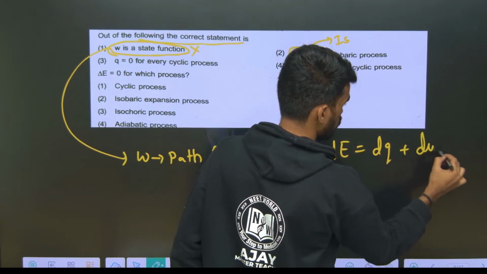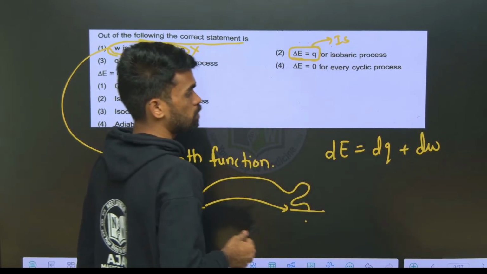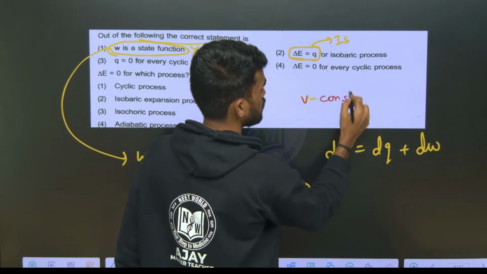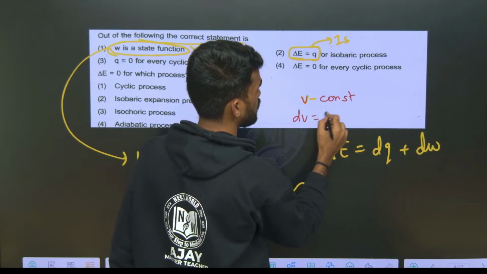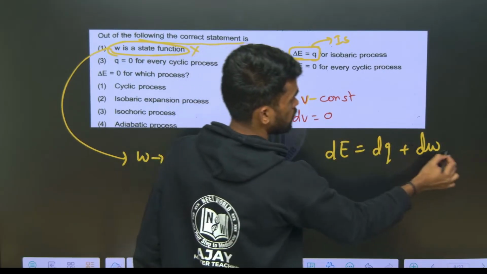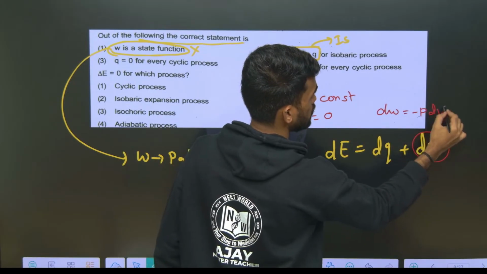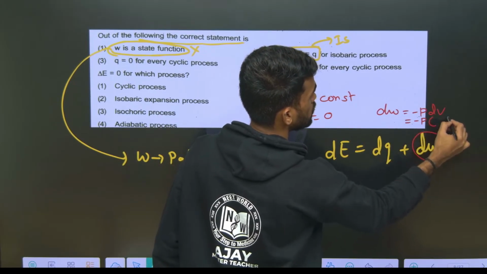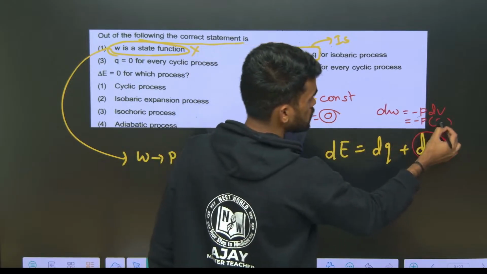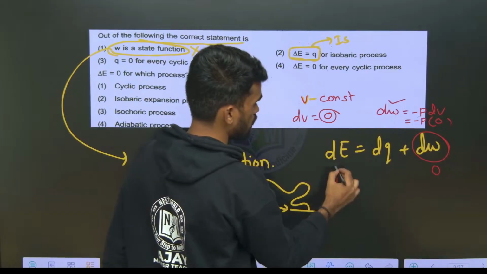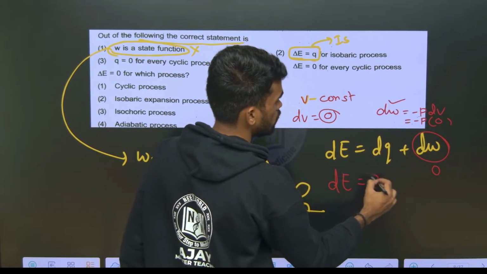Isochoric process means V constant, so the change in V, dV, will be 0. Now dW equals minus PdV, and dV is 0, so dW becomes 0. So now I can say dE equals dQ.